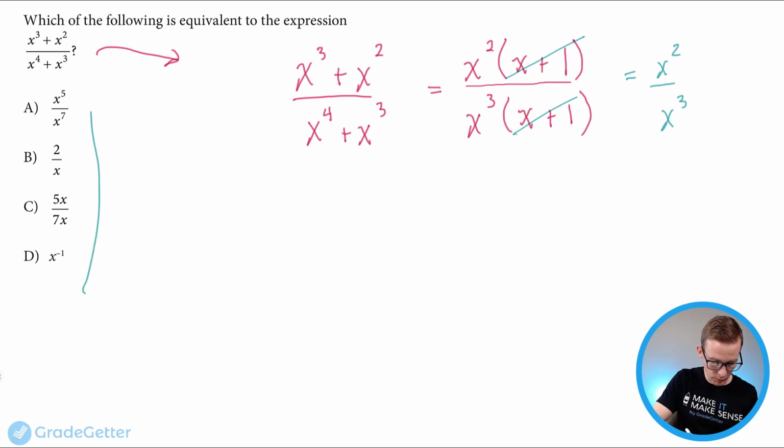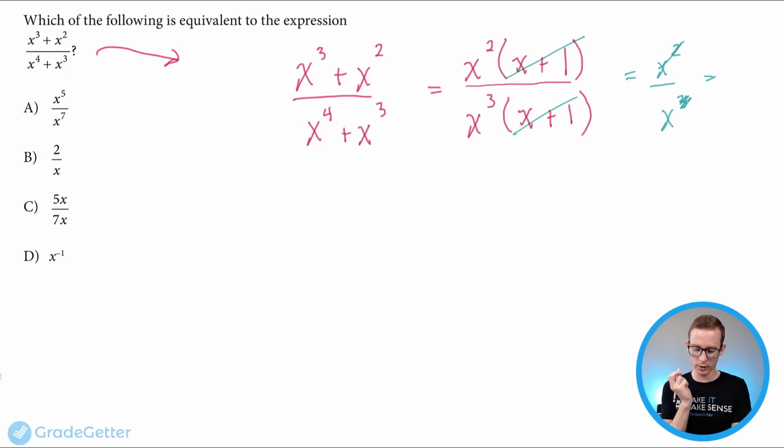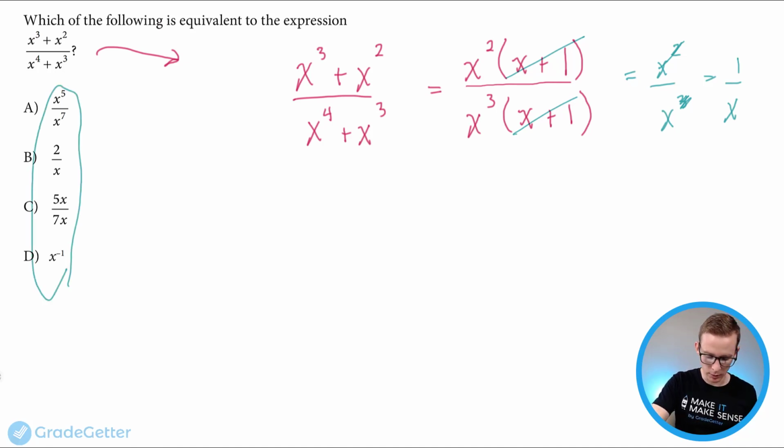Again, that's not an option here, so I've got more reducing to be done. Well, I could cancel out 2 of my x squareds, which would cancel out 2 x squareds down here, and I would be left with 1 over x, which again is not an option over here.